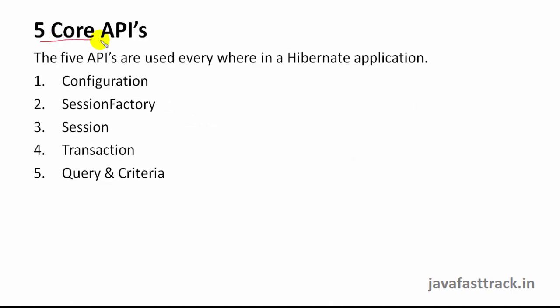Next, I speak about the 5 core APIs. The 5 core APIs are used everywhere in a Hibernate application. The names of the APIs are configuration, session factory, session, transaction, query, and criteria.